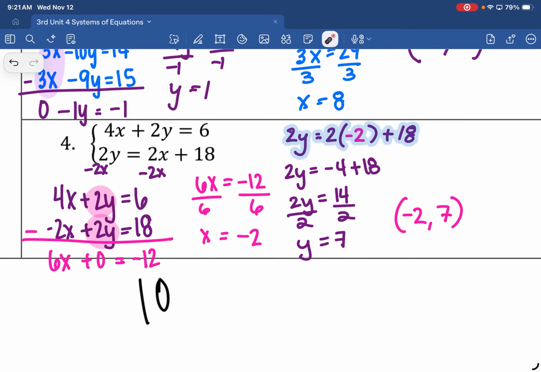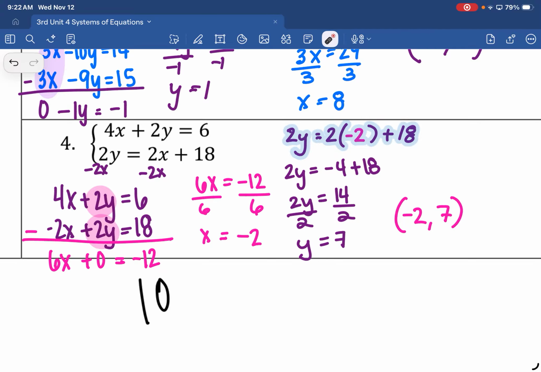So I think what probably happened is when we subtract a negative number, y'all didn't add. Okay, so 4x minus negative 2x is positive 6x because that right there becomes a positive. Okay, and then 6 minus 18 is negative 12.